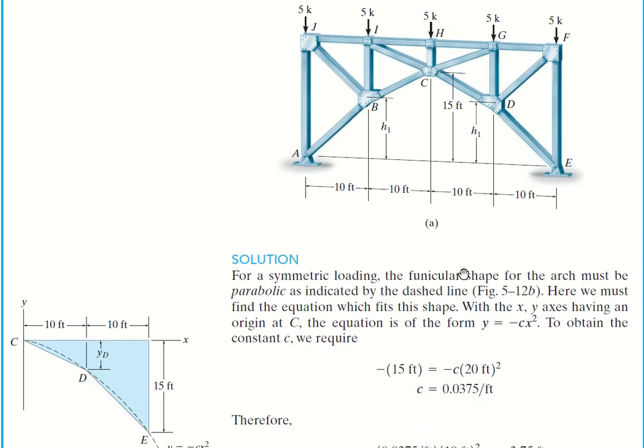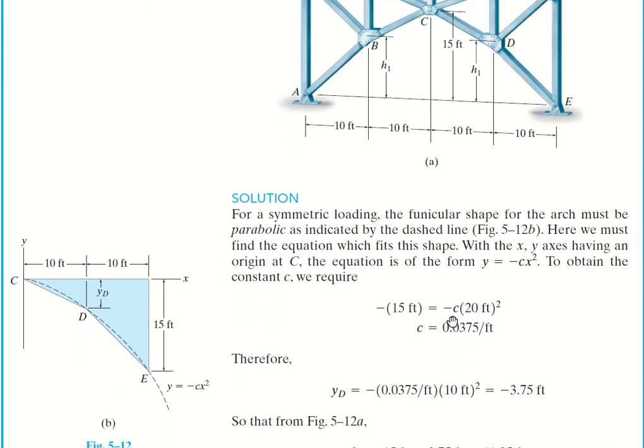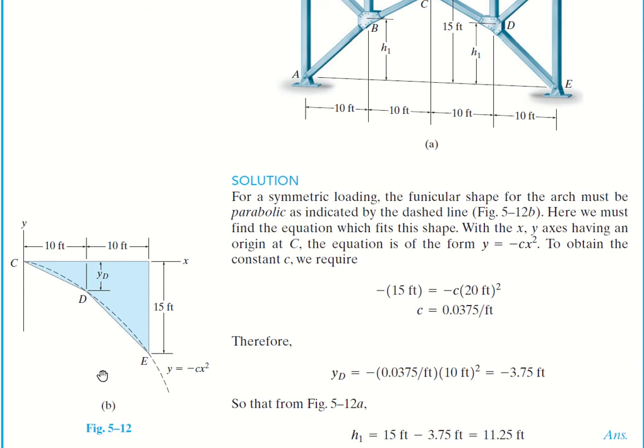Now it says that for a symmetric loading, the funicular shape for the arch must be parabolic as indicated by the dashed line here. See, this is your 512B. Why is it called funicular? Because it is balanced about point C in both the directions.